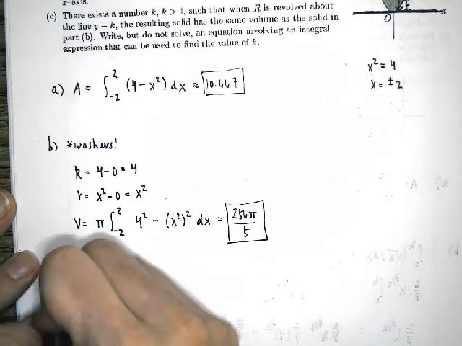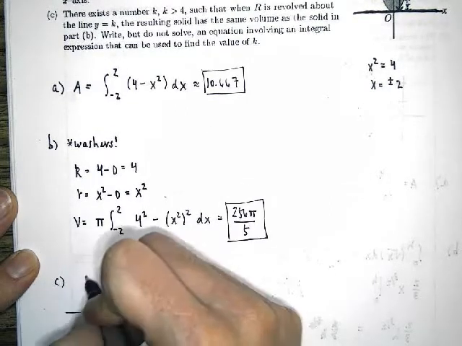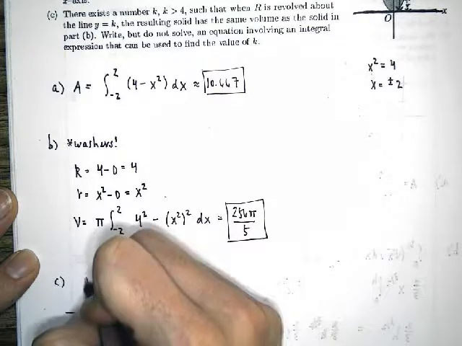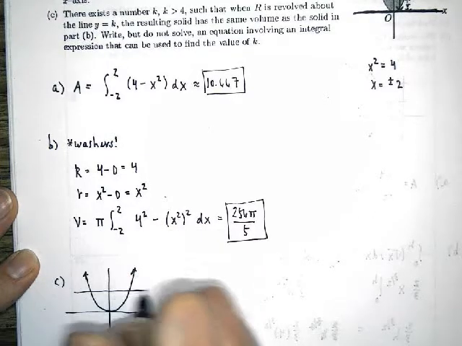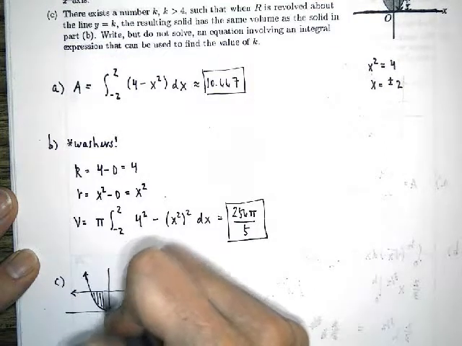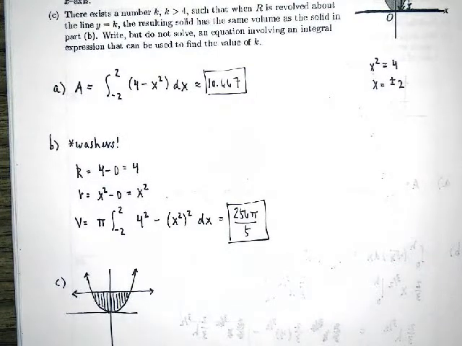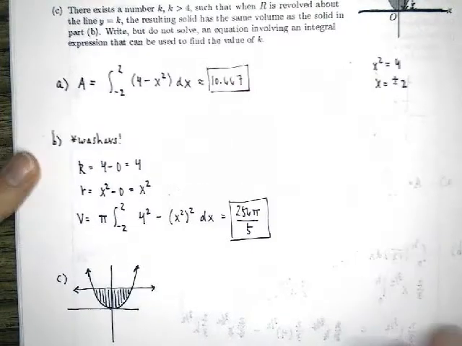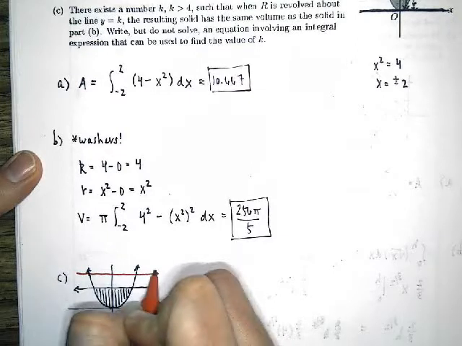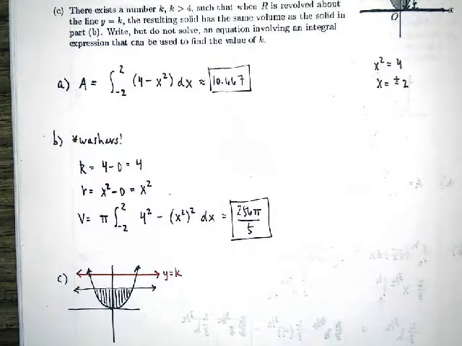So for part C, I'm going to take my same region here. So I'm still bounded by y equals 4. But now it says I'm revolving about some line y equals k, where k is greater than 4. So maybe it's something like this. This is my y equals k.